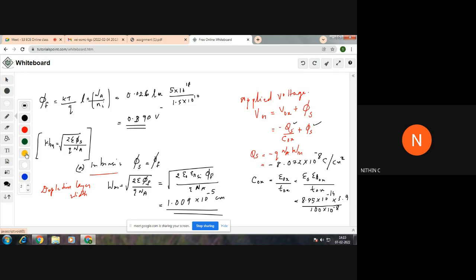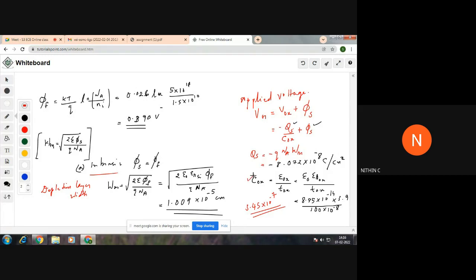Yes, 3.45 into 10 raised to minus 7. Did everyone get the value? 3.45 into 10 raised to minus 7.